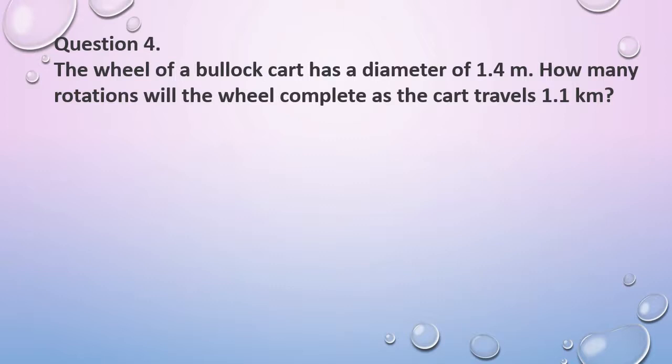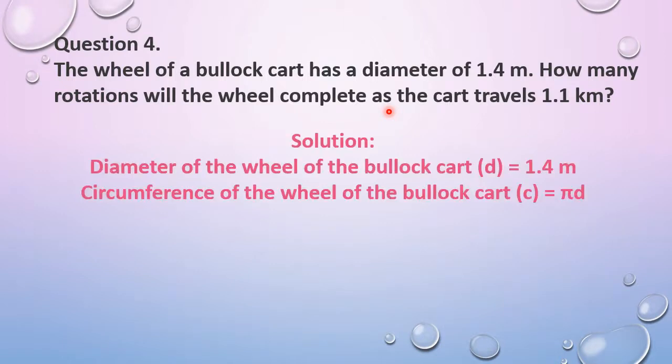Question number 4. The wheel of a bullock cart has a diameter of 1.4 meter. How many rotations will the wheel complete as the cart travels 1.1 kilometer? So, solution: diameter of the wheel of the bullock cart D is equal to 1.4 meter.